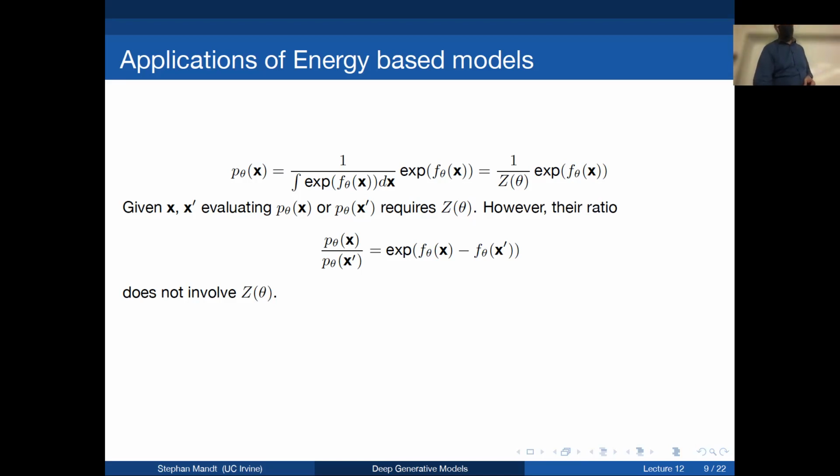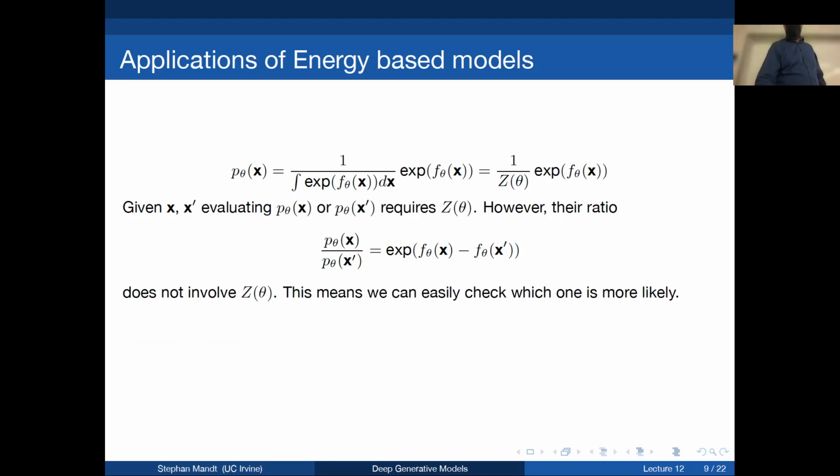In other words, p theta of x divided by p theta of x prime. If you compute this ratio, you will see that the normalization constants drop out. They're identical between both data points, and therefore they cancel out. All you're left with is the unnormalized part of the distribution, and this turns out to be easy to evaluate. You just put x and x prime into f, take the difference, exponentiate it, and get an answer.